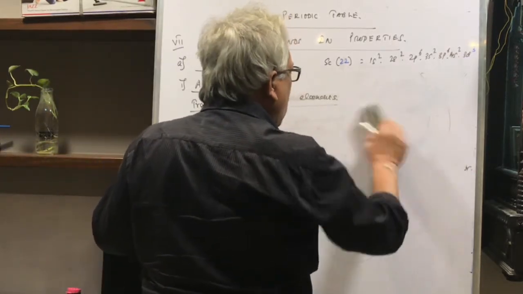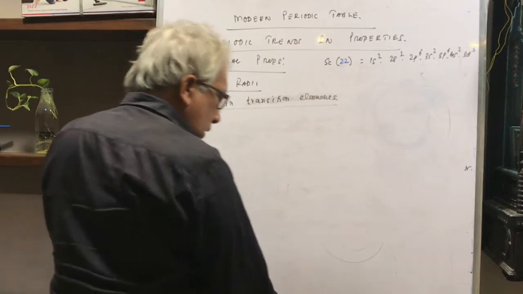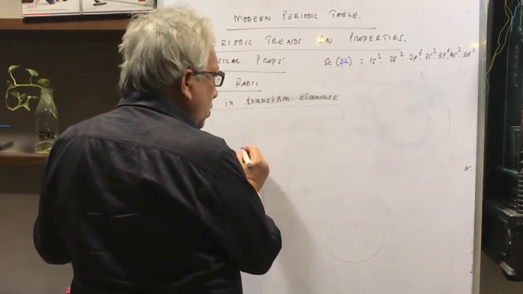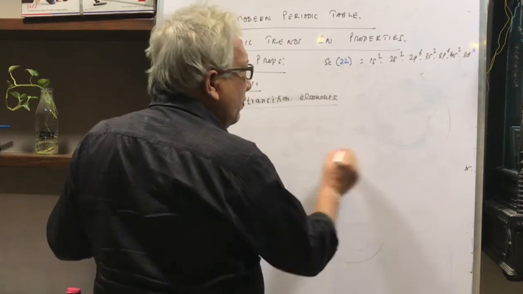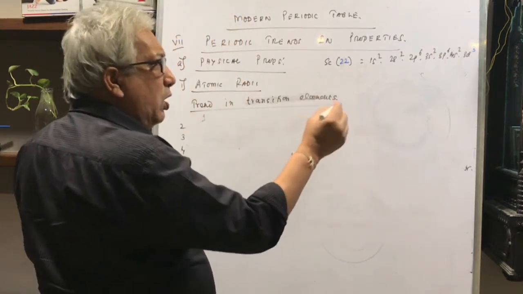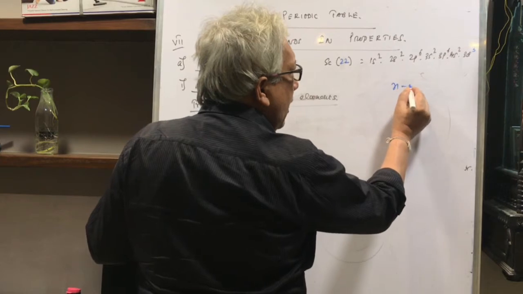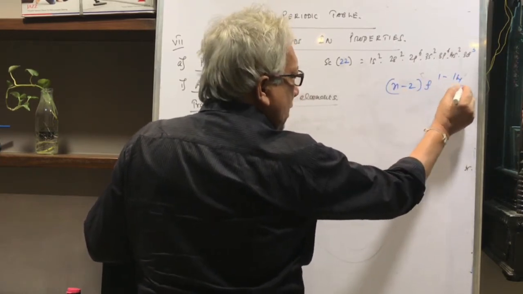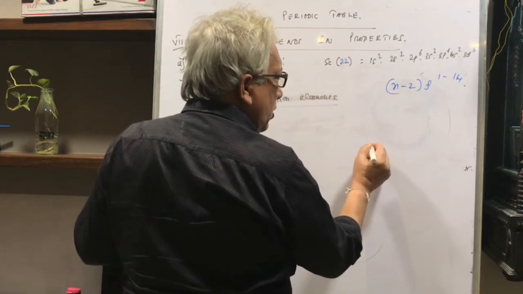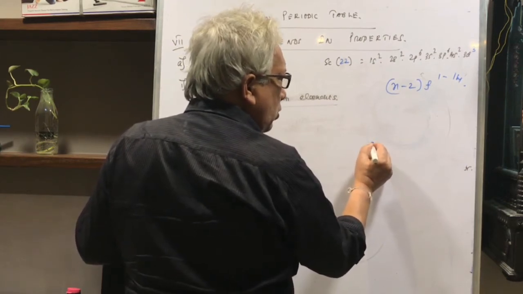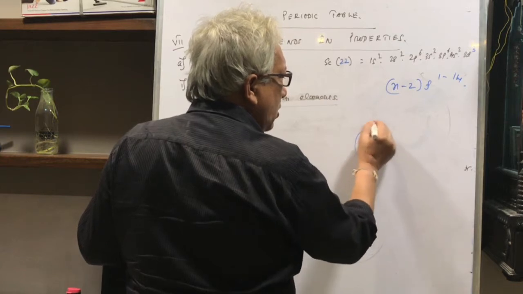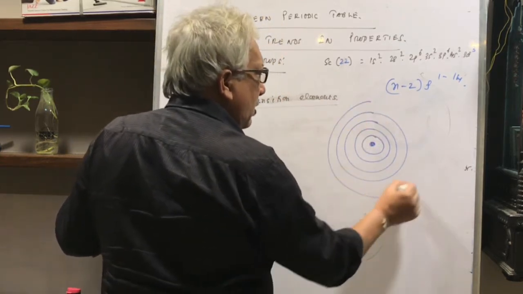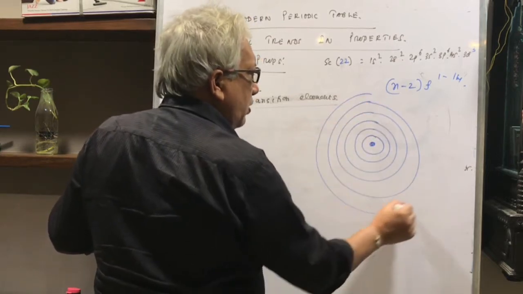If you think of the lanthanides and actinides, the shielding effect becomes even more powerful, because the electron enters the (n-2) f subshell, f1 to f14. Let us say this is the first shell, here is the nucleus, first shell, second shell, third shell, fourth shell, fifth shell, and here is the sixth shell.